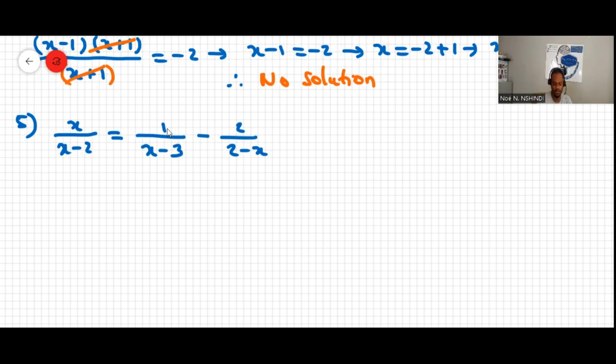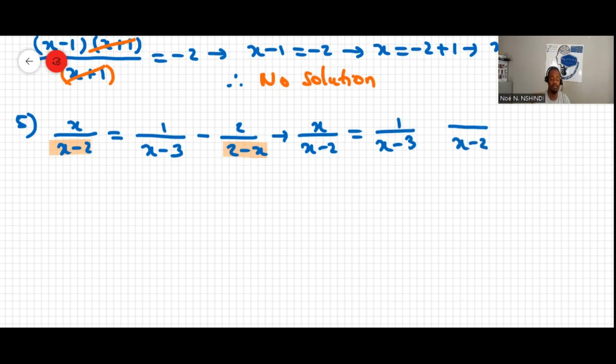First, here we have x minus 2, there we have 2 minus x. I want you to pay attention here. We can make them look the same. I'm going to take it like x over x minus 2 equal to x minus 3 under 1, and then there I will write x minus 2.